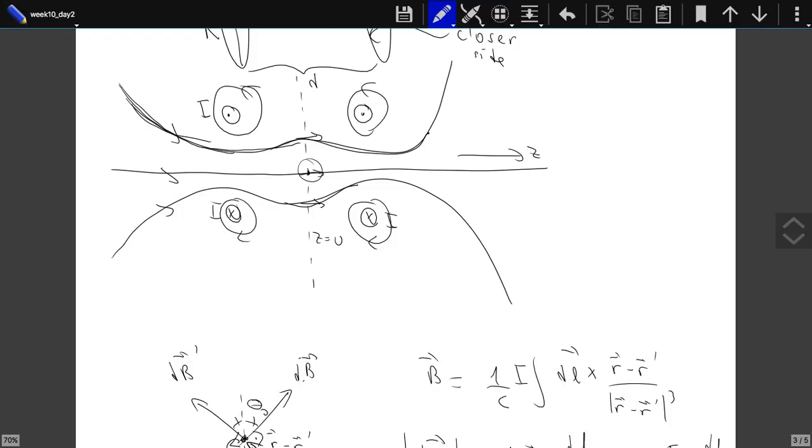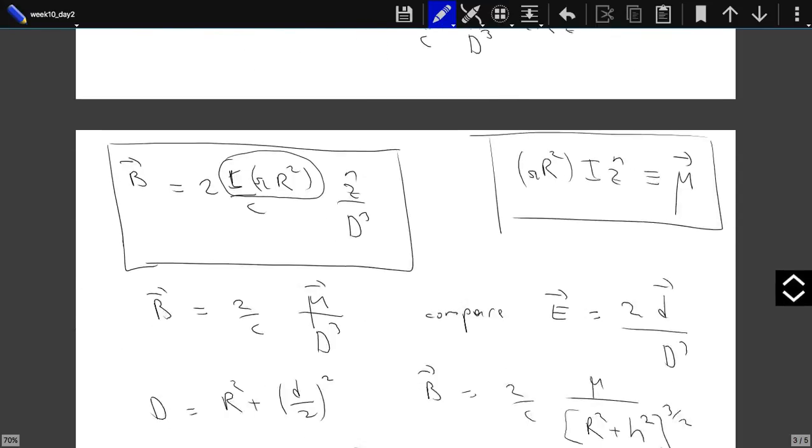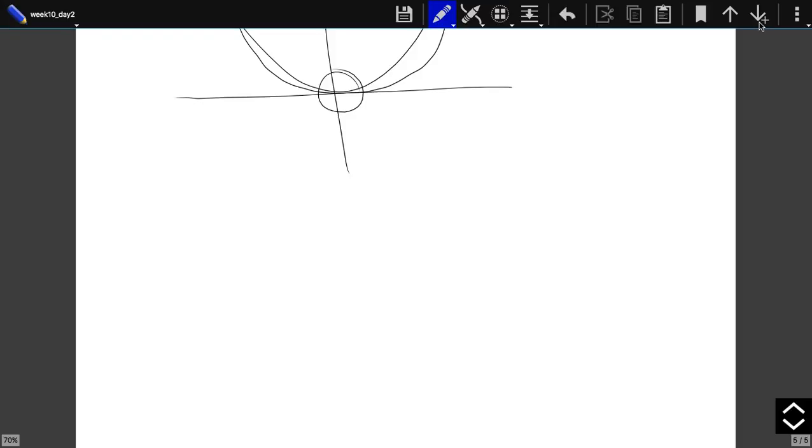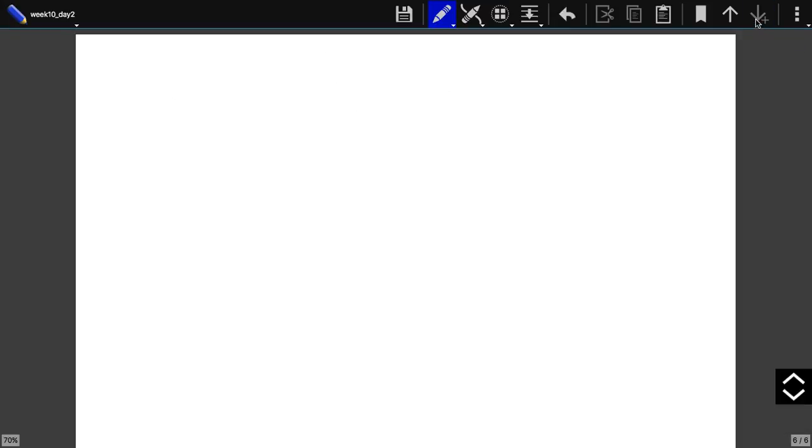They cannot go out. They just go through one ring and then the other. If you add more rings, they will not allow the magnetic induction B lines to leave the region between the rings. And in the limit that you have infinitely many of them, you get what's called a solenoid.